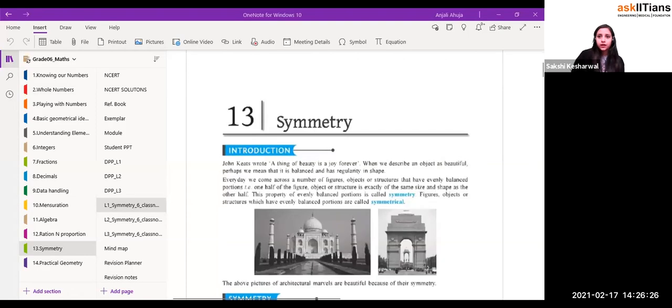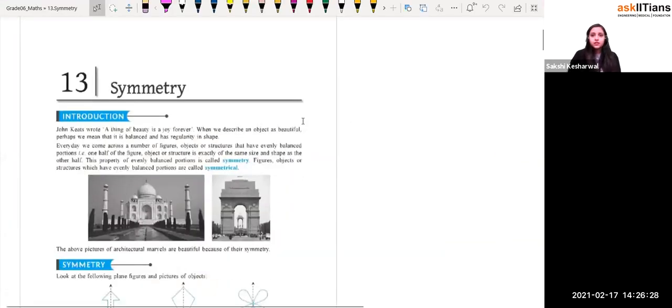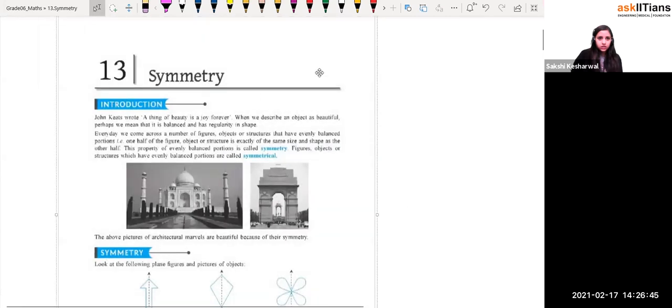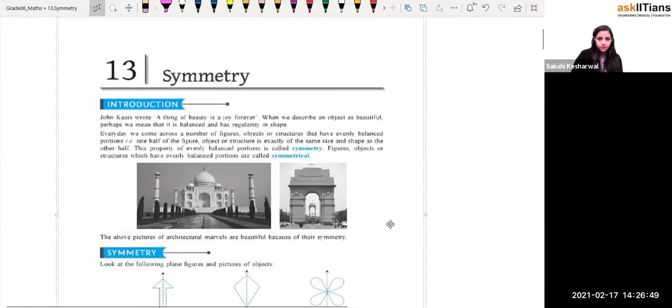Can you see this? So basically, we'll be starting with symmetry. I'll take a little bit dark color pen. Red will work. I can enlarge this, a little bit, not too much.